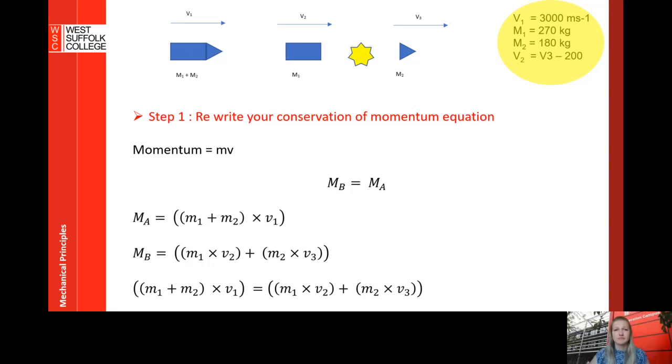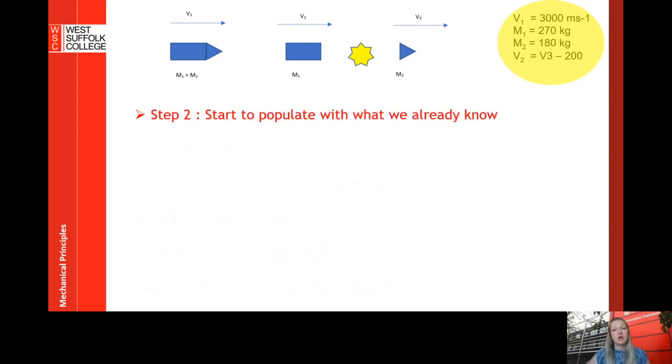So my next step, we can then start to populate that previous equation that we got from the last slide with what we do know. Remember that yellow bit in the top right hand corner? What do we know currently? We know a few things, but at the moment what is important is my V2.